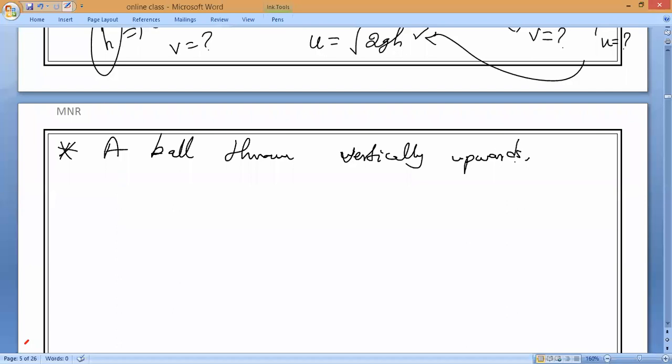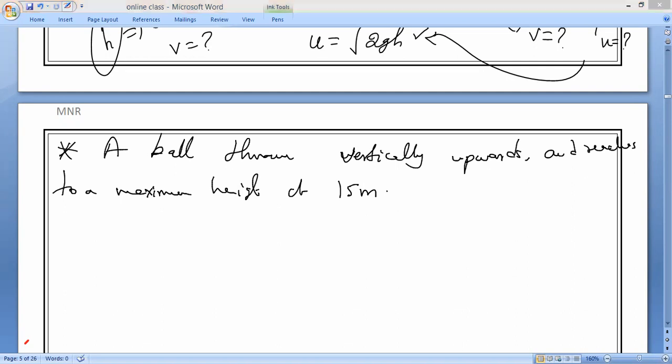The ball is thrown vertically upward, so that is the initial velocity. Final velocity will become 0. Understanding? Vertically upwards, and reaches a maximum height of 15 meters.